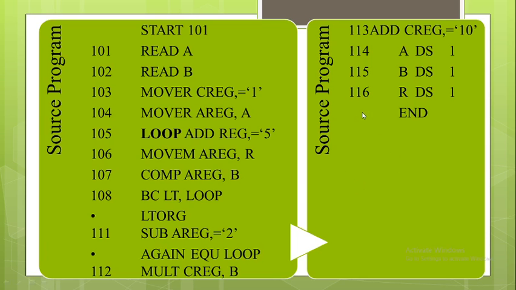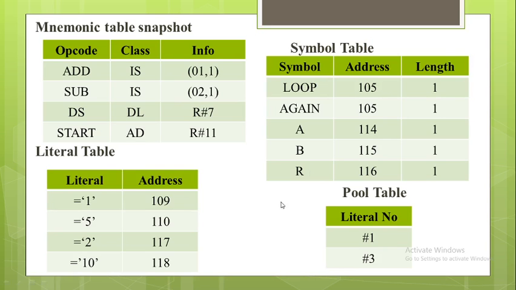So according to this, the location counters 117 and 118 will be given as the addresses to these two literals. Now I think all of you got the concept of the symbol table, literal table and the pool table.